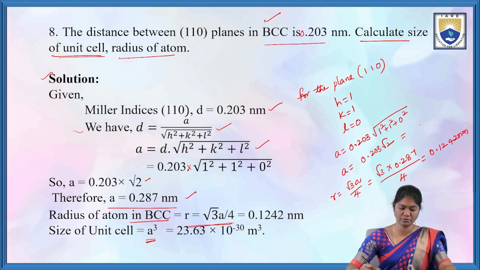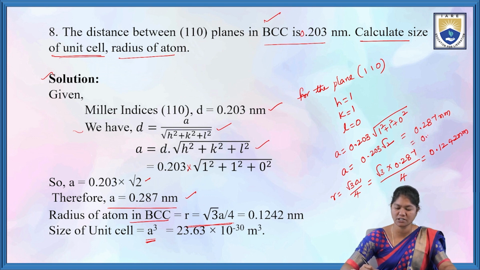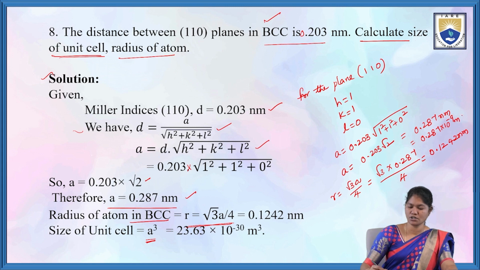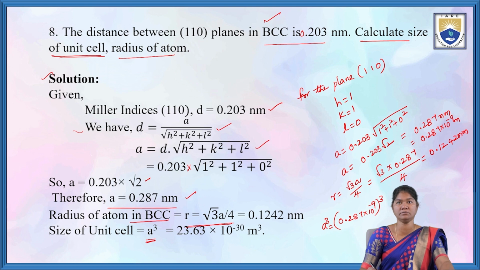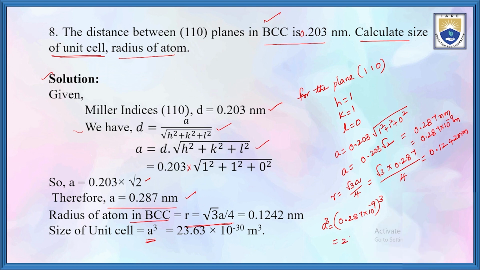If we convert a into meters, 0.287 into 10 power minus 9 meters, then a cube is 0.287 into 10 power minus 9 whole cube, so the value becomes 23.63 into 10 power minus 30 meter cube.